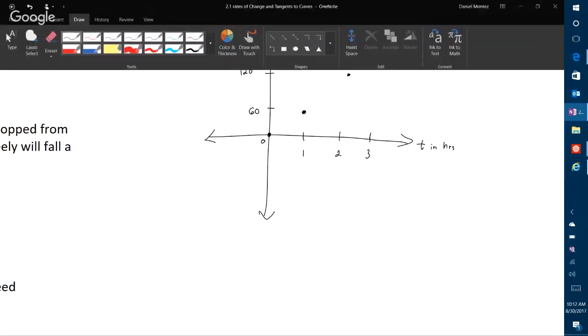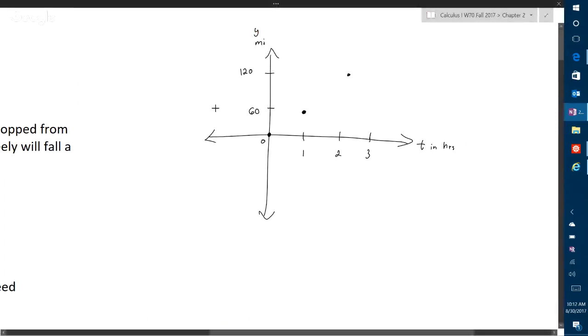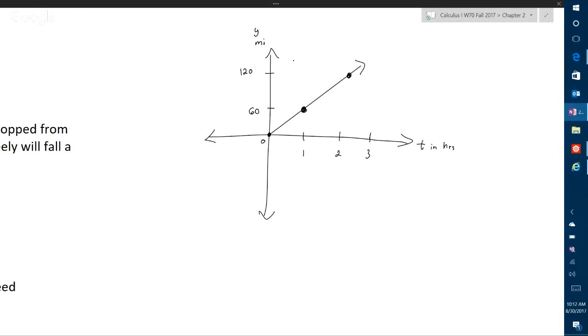And I'm going to connect this with, right now, just a straight line, as straight a line as I can get. Might have to move this point a little bit and make it a little bit bigger. And of course, I'm going to keep driving. So far, so good. Any questions up to this point?